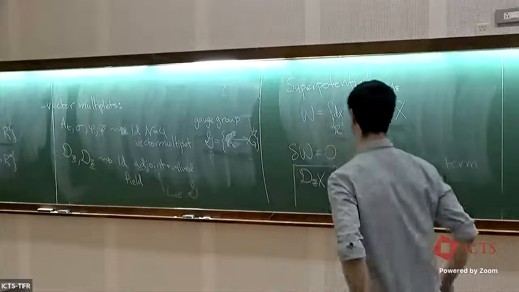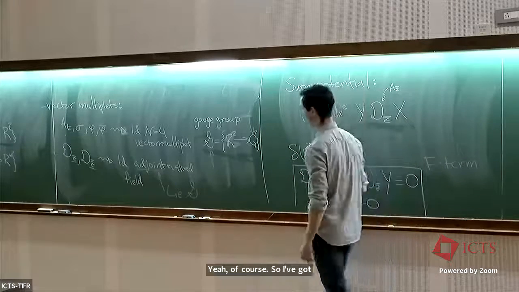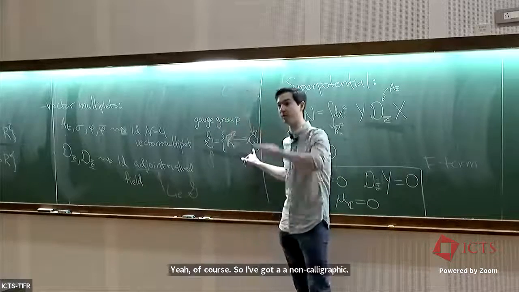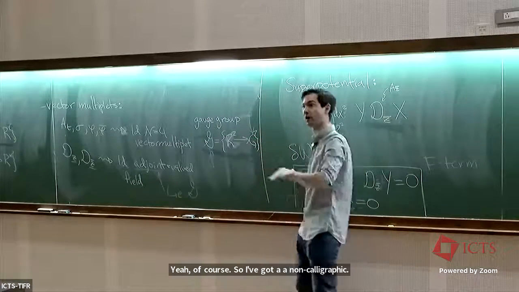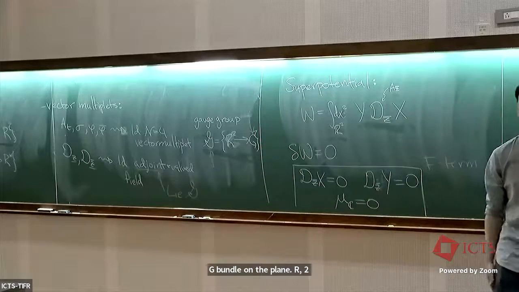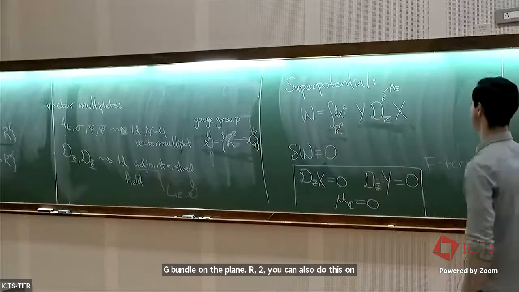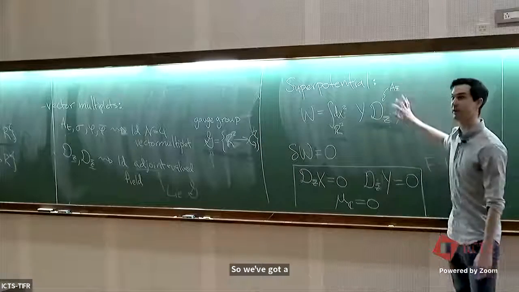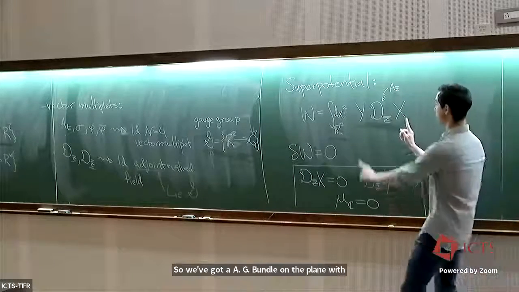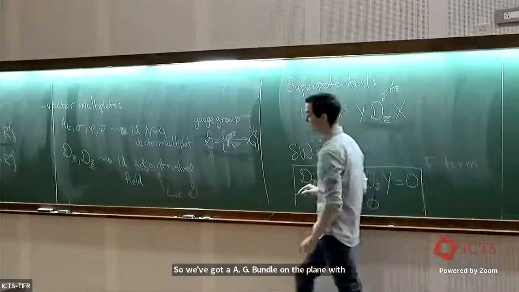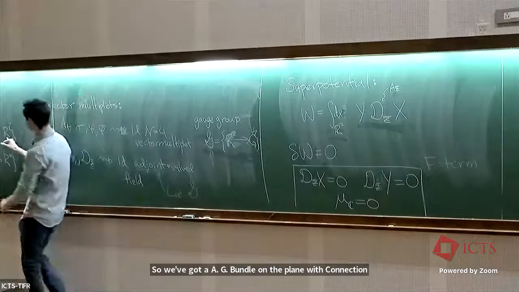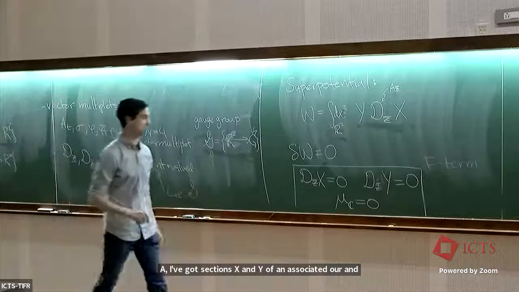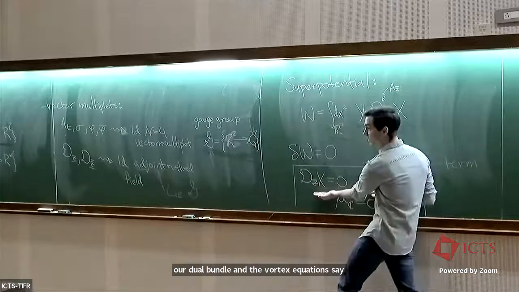Yeah, of course. So I've got a non-calligraphic G bundle on the plane, R2. You can also do this on surfaces, but I'm going to be lazy and just do it on the plane. So we've got a G bundle on the plane with connection A. I've got sections X and Y of an associated R and R dual bundle. And the vortex equations say that my section is covariantly constant.